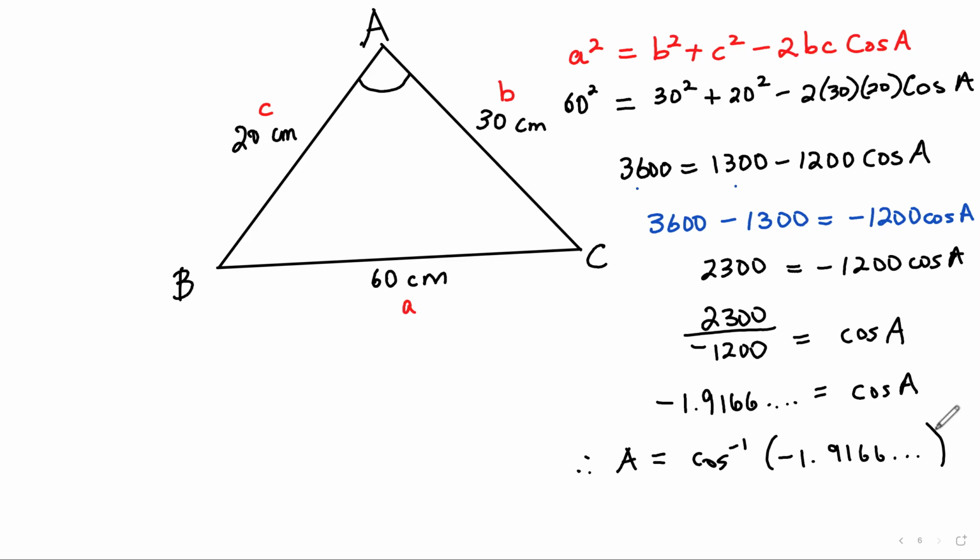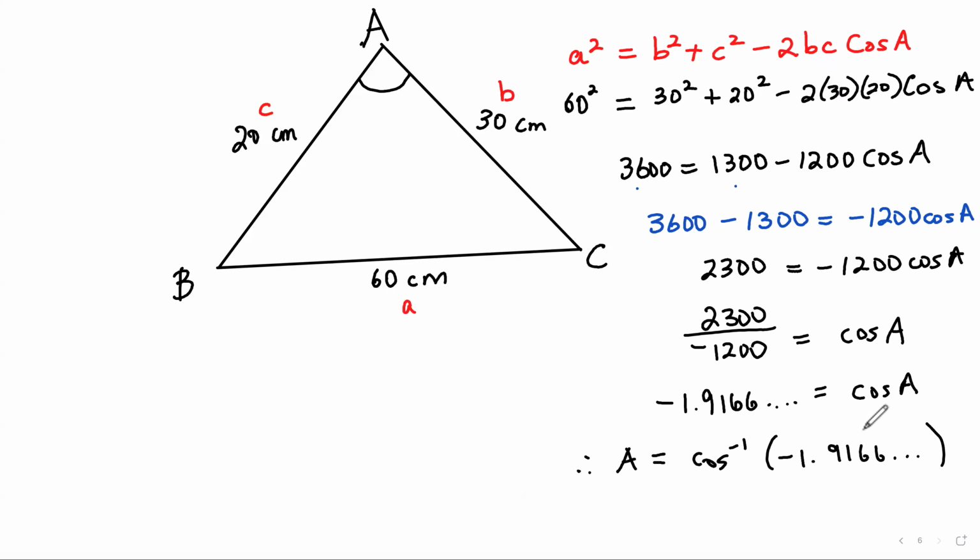On your calculators, you should still have this on your screen. Then you press second function, cos, to get cos inverse. So let's see. Second function cos inverse of negative 1.9166. Okay, so I'm getting an error, so it means I have a mistake somewhere.